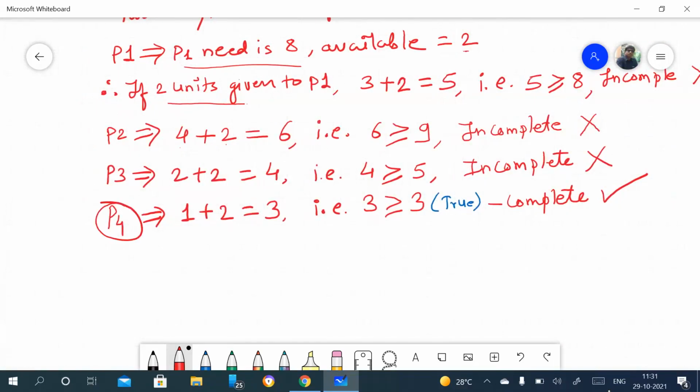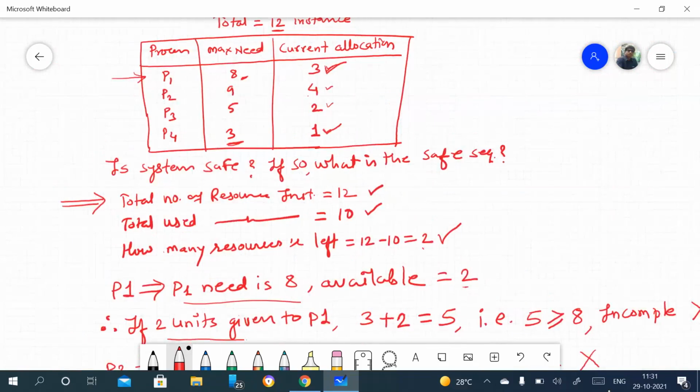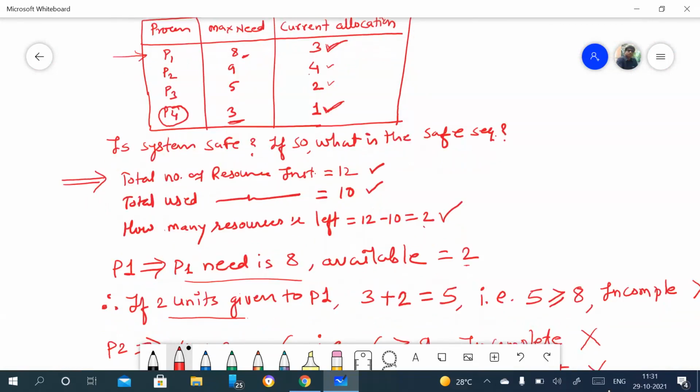Now see, once that P4 is executed, suppose this P4 is getting executed. After execution of this P4, whatever resources it holds will be released. So how many does it hold? One is held. So this resource will be released by this P4, right?